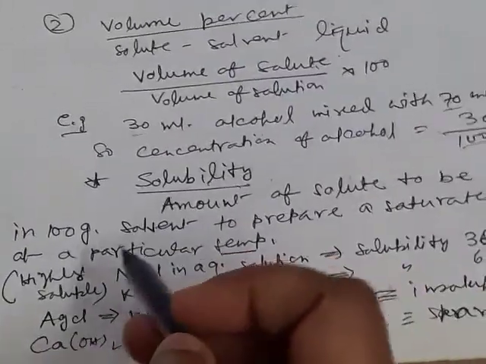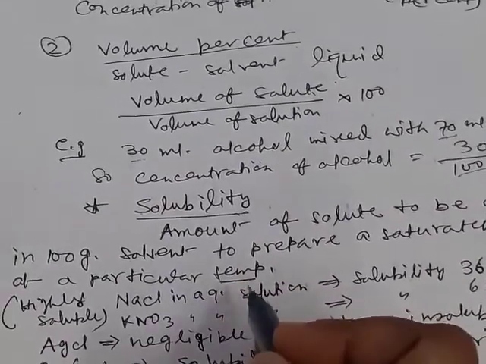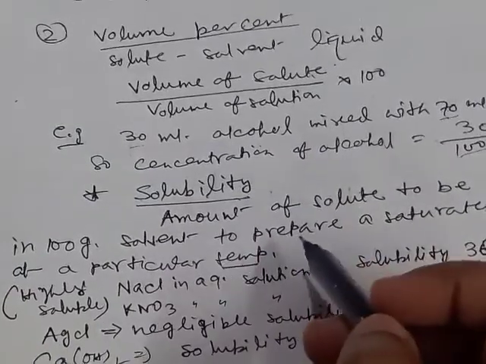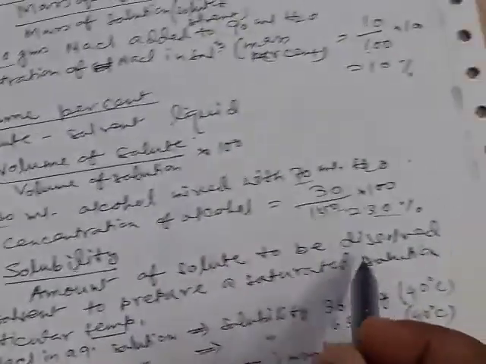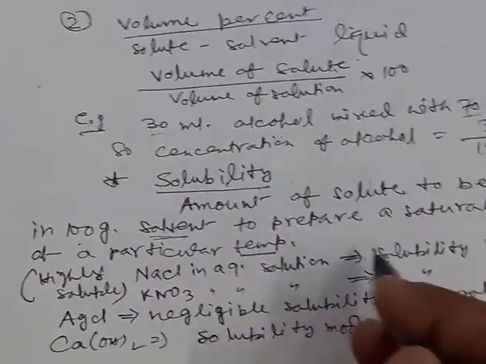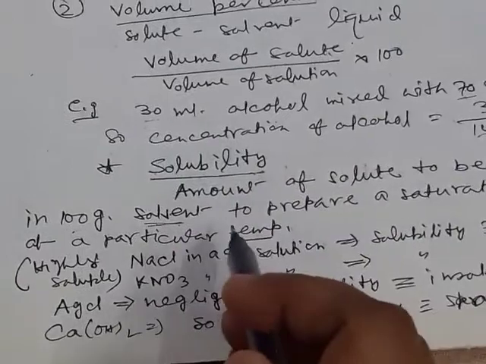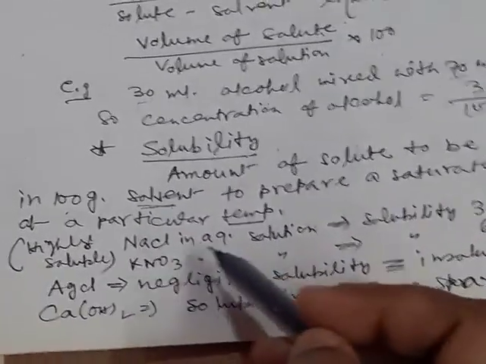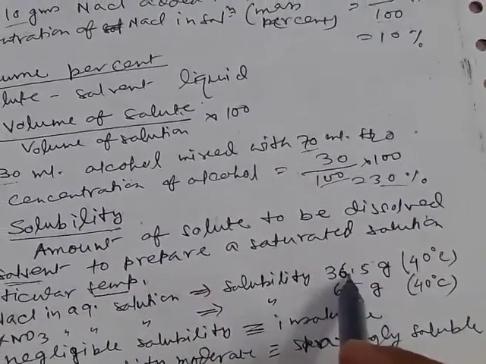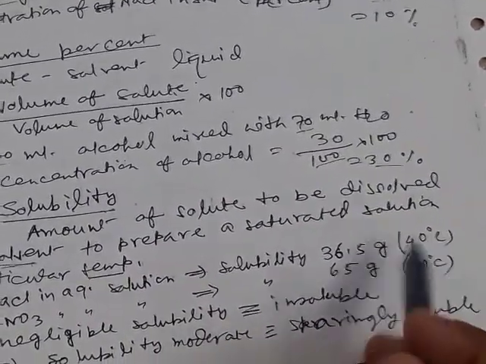Now solubility. What is solubility? It is the amount of solute to be dissolved in 100 gram solvent to prepare a saturated solution at a particular temperature. This is called the solubility of that solute. Say for example NaCl in aqueous solution, the solubility of NaCl is 36.5 gram at 40 degree.